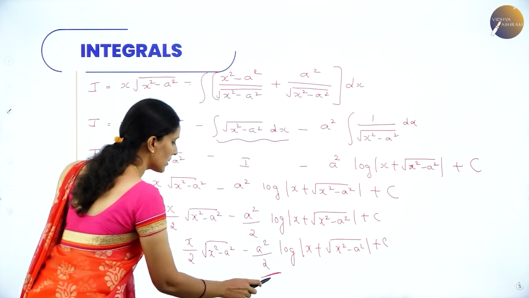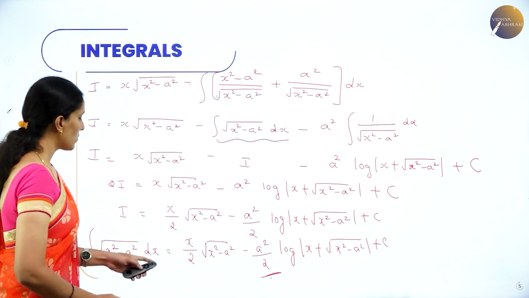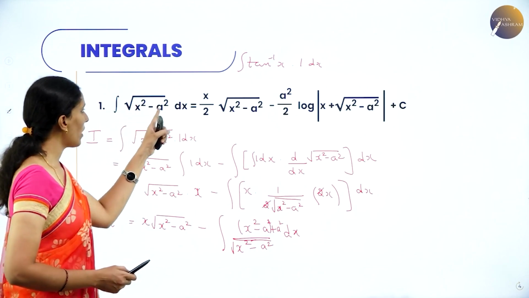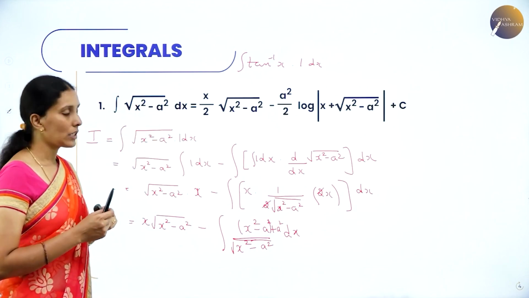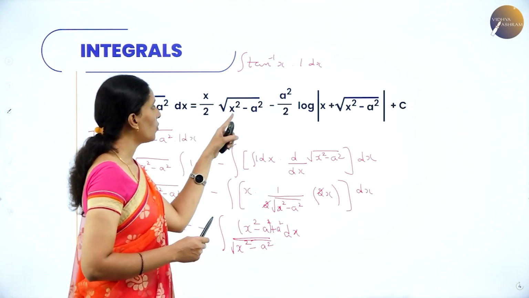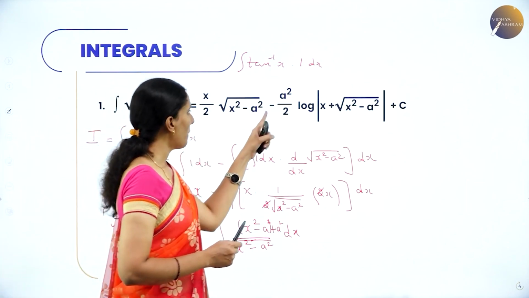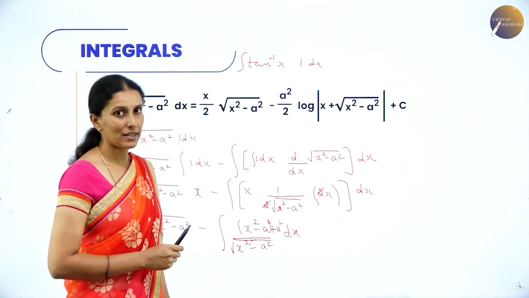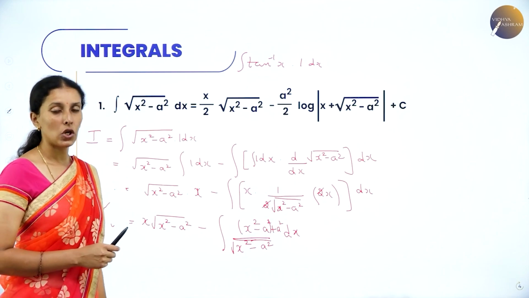So this is the result we need to prove. So this is what the integral says, that is, square root of x square minus a square dx integral value is x by 2 root of x square minus a square, minus a square by 2 log of x plus root of x square minus a square plus integration constant.